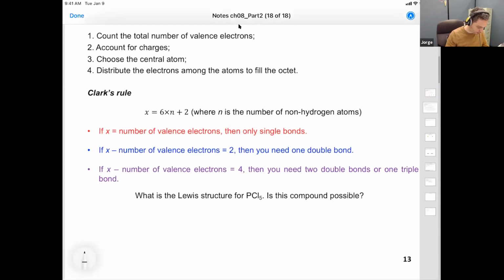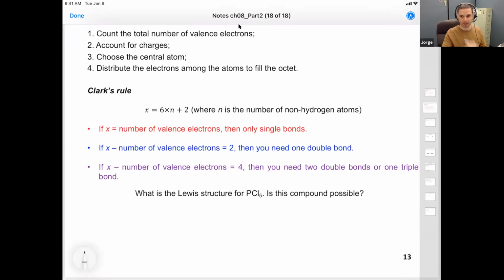Okay, let's try to figure out the Lewis structure of PCl5. The first step that I will take in order to solve this problem is to count the total number of valence electrons. Phosphorus belongs to group 15, therefore it has 5 valence electrons. Those 5 valence electrons will be used in the covalent bond to form the compound PCl5.